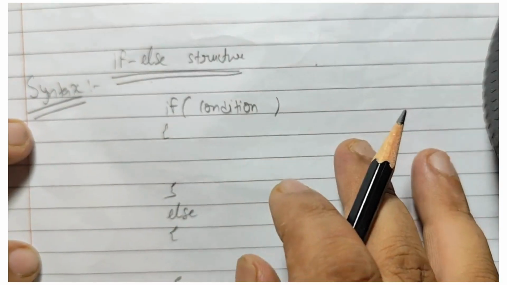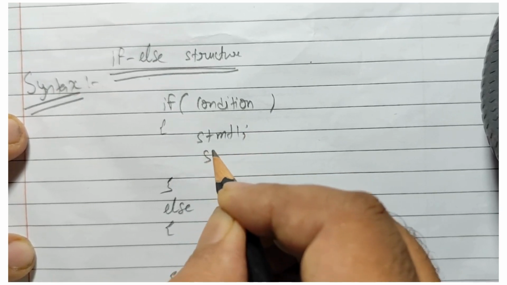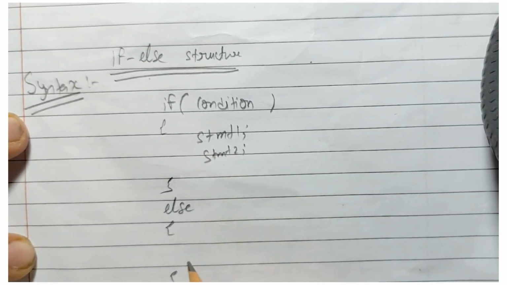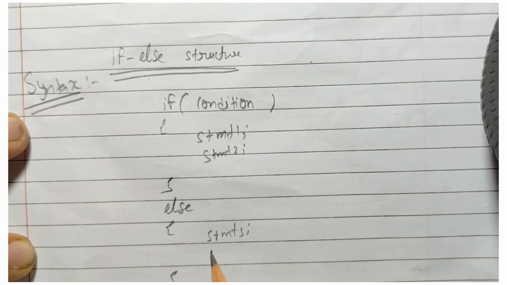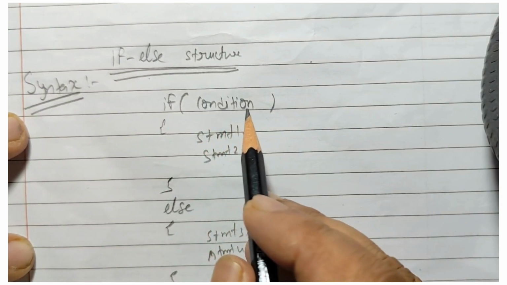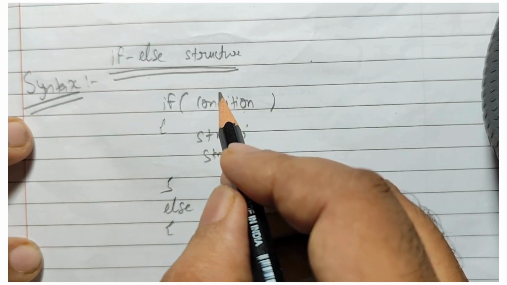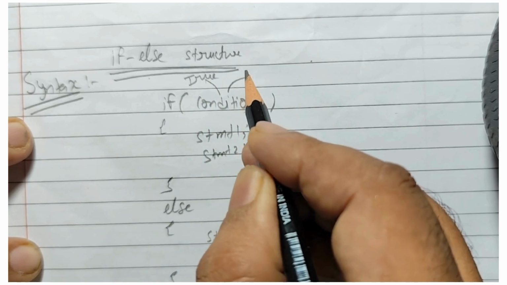In the if block, we write some statements like statement 1, statement 2, and in the else we write statement 3, statement 4. Here we implement some condition. This condition always returns two values, true or false.